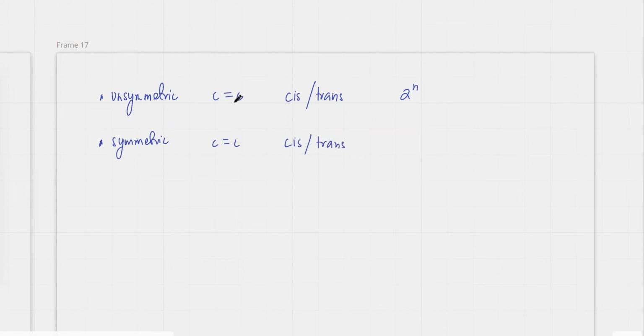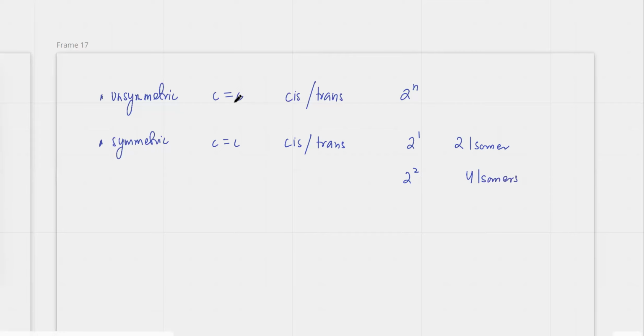If it's just one, you basically get one isomer. For 1, it's going to be 2 to the power 1, that would be 2 isomers. If it's 2 to the power 2, you should get 4 isomers.